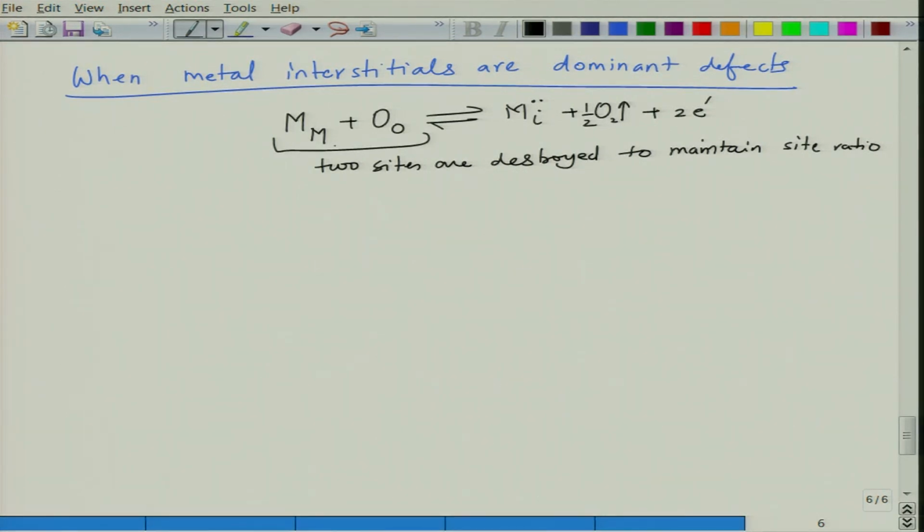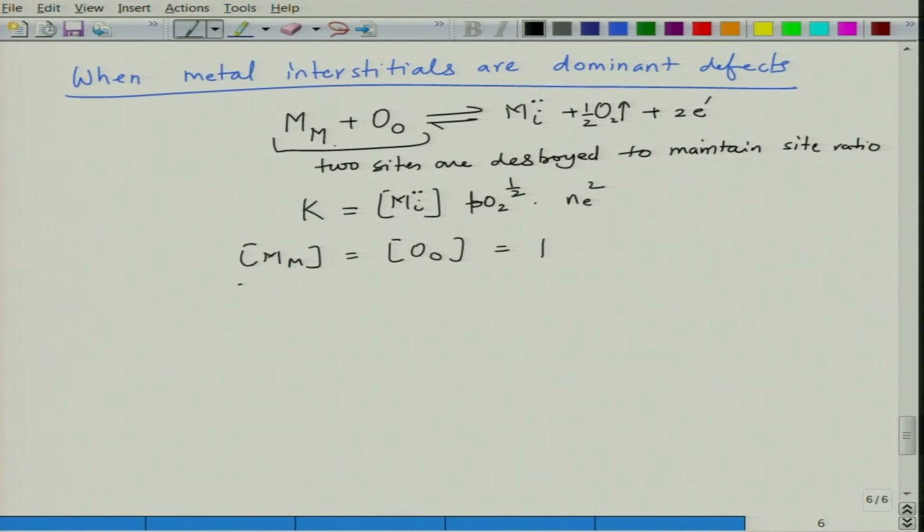For one oxygen site destroyed, you also have to destroy a metal site, that is why it becomes a metal interstitial. Now, when you write the defect reaction, K is equal to Mi into PO to the power half into Ne square, considering an ideal situation, especially when Mi is very small as compared to MM and OO, because there are more metals and oxygens than interstitials.